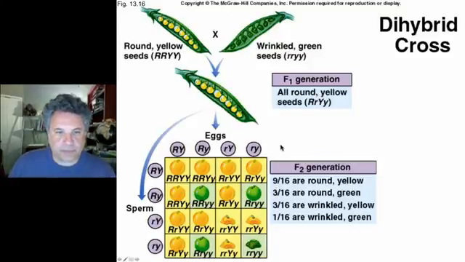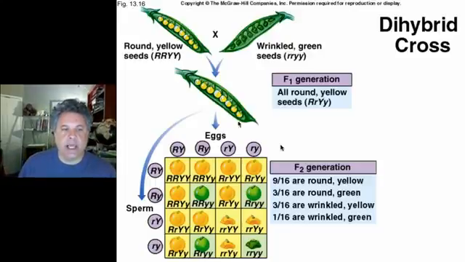Now, what Mendel observed was this: for example, in eggs, in female gametes, if a female gamete acquired a large R allele, that could be accompanied by a large Y allele, or it could be accompanied by a small y allele in equal proportions.